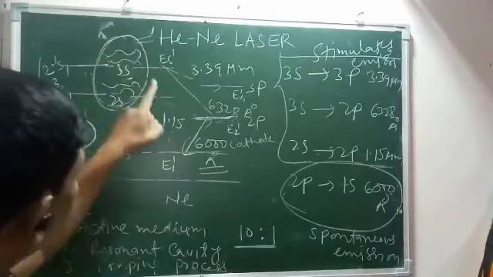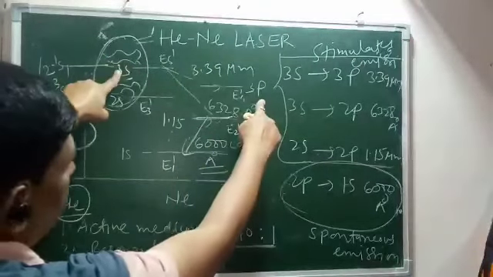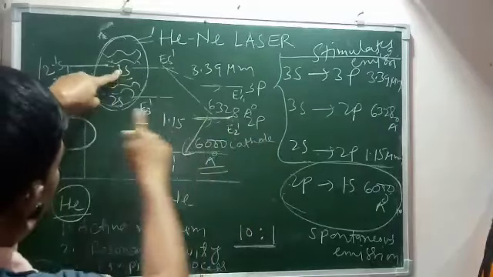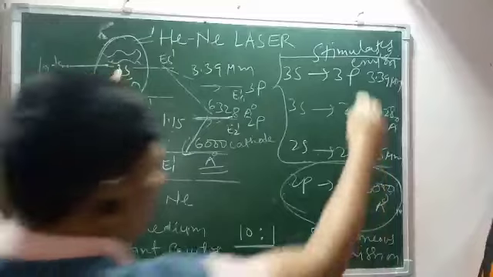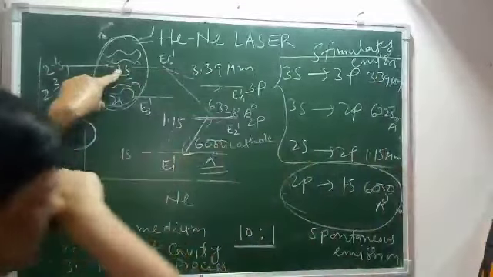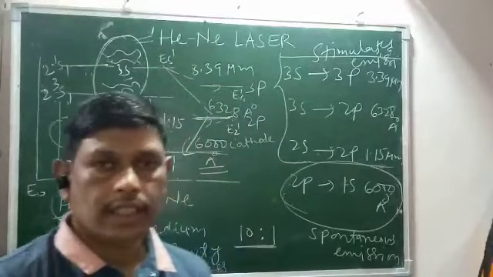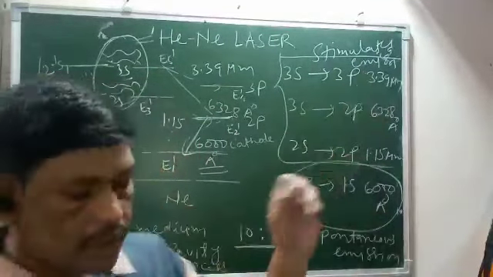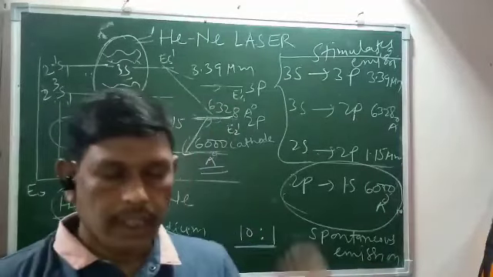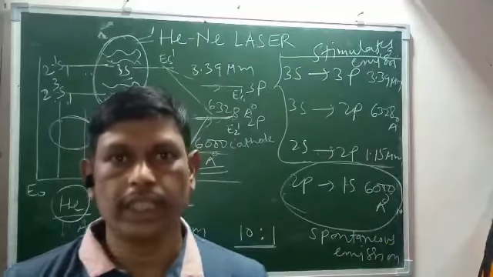So we can say that the transitions 3s to 3p, 3s to 2p, and 2s to 2p correspond to stimulated emission, and this emission begins the laser light pulse, because in the laser process we need a prominent stimulated emission.